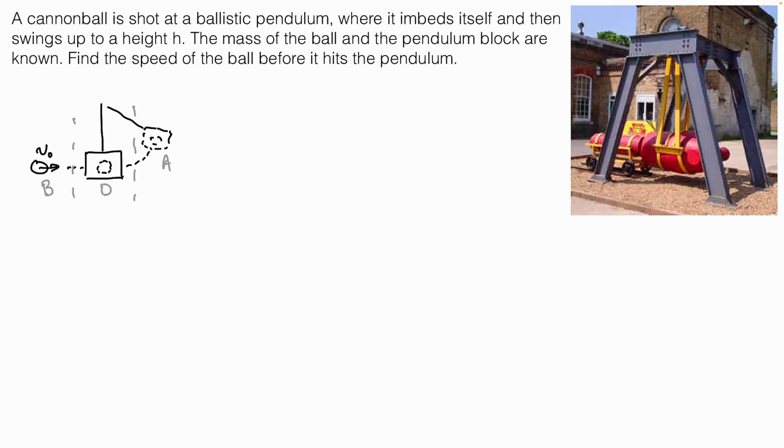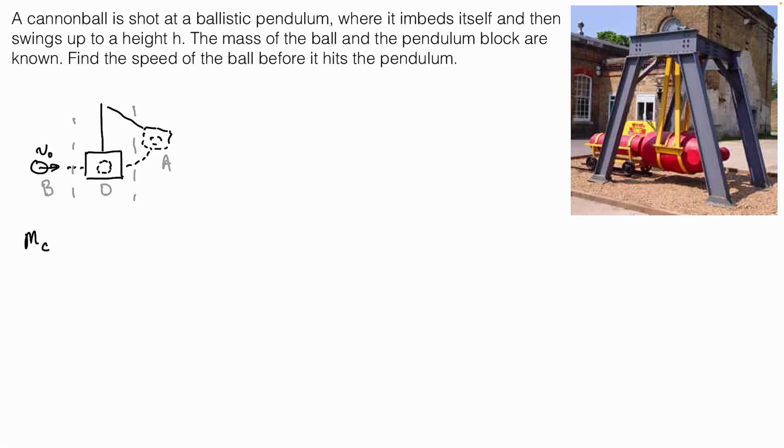And then for strategy, okay, so you've kind of organized information. Let's see, did we look at the data? No? Okay. So what do we know? What do they tell us we know? The mass of the cannonball, right? I'll do M sub C, cannonball, okay.